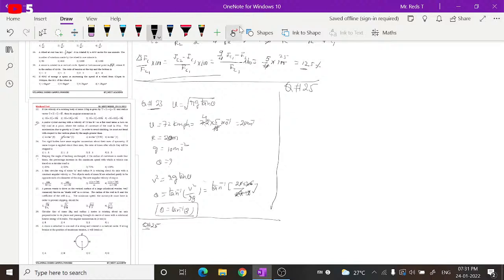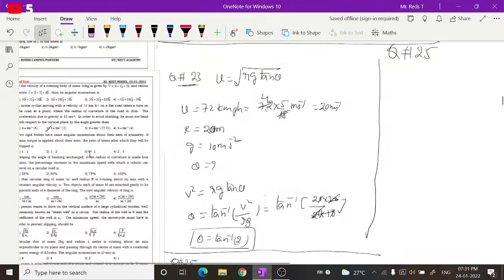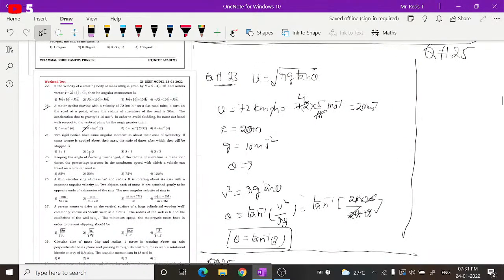Let us copy the data first, then we'll go ahead. What is given? Keeping the angle of banking constant, if the radius of curvature is made 4 times, so that means initial radius of curvature r1 is equal to r, and r2 is equal to 4 times r. With the radius of curvature made 4 times, the percentage increase in maximum speed.